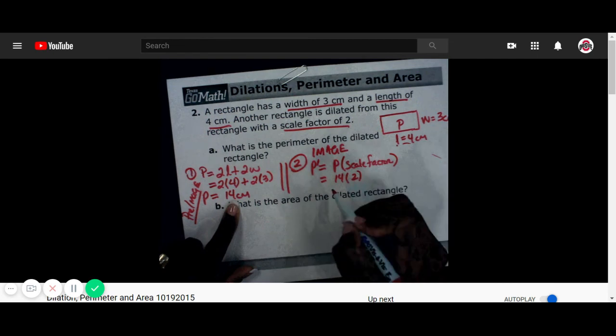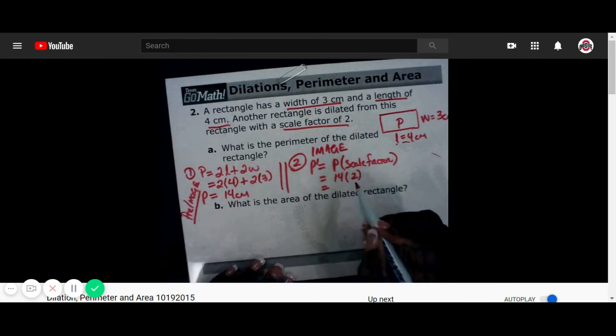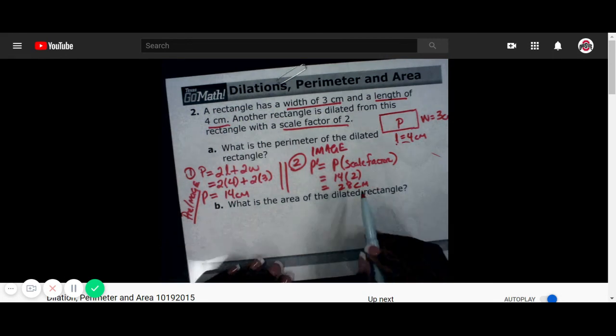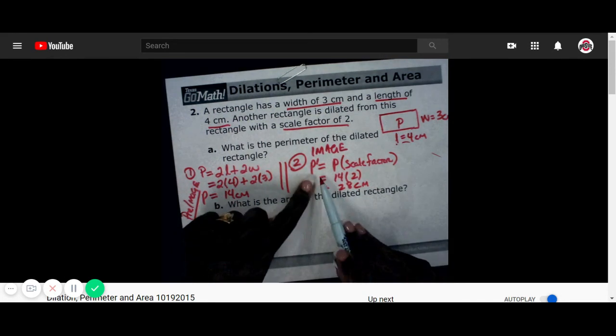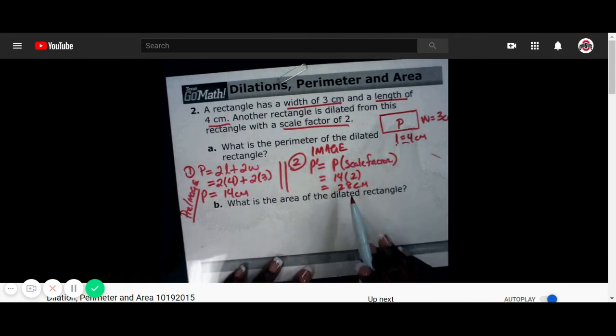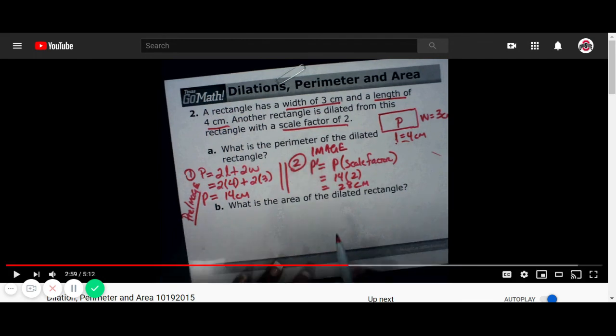So 14 times 2 is 28, and our measurement is centimeters. So the perimeter of our image, or our dilated rectangle, is 28 centimeters. Notice that she included a unit. Don't forget to include units on your answers.